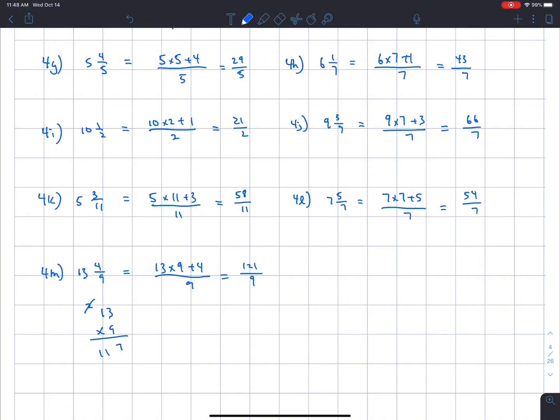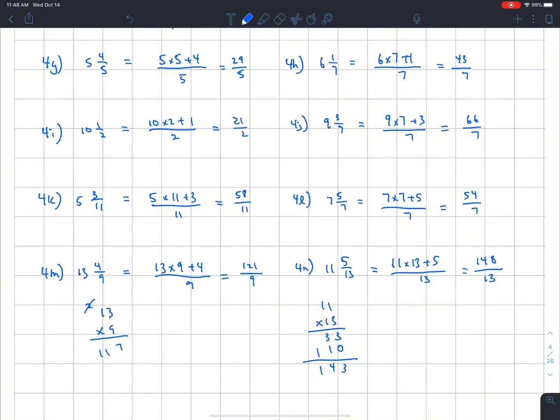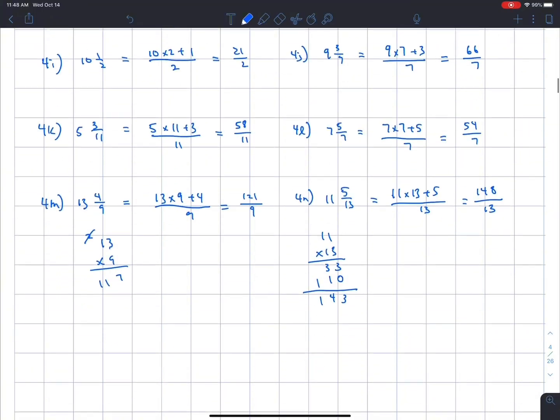And for N, we have 11 and 5 over 13. So 11 whole circles times 13 little pieces in each one, plus the numerator 5 over the same denominator 13. 11 times 13, 3 times 1 is 3, 3 times 1 is 3, add a 0, 1 times 1 is 1, 1 times 1 is 1. And we just add it up vertically. We get 143. 143 plus 5 is 148. So the answer is 148 over 13.